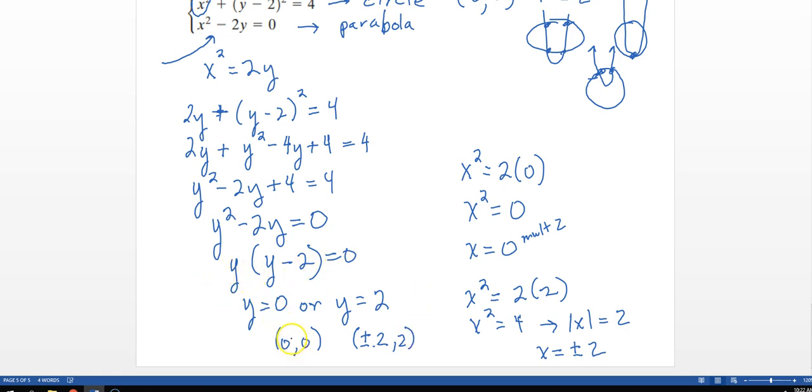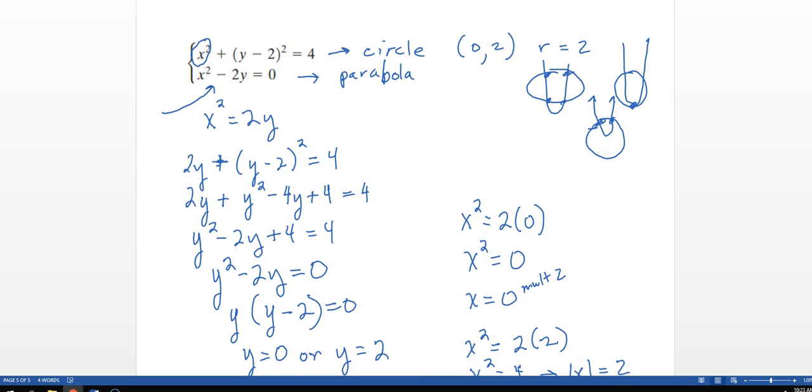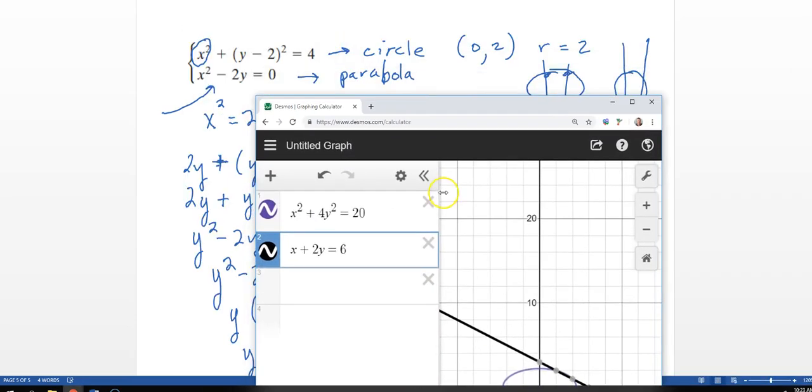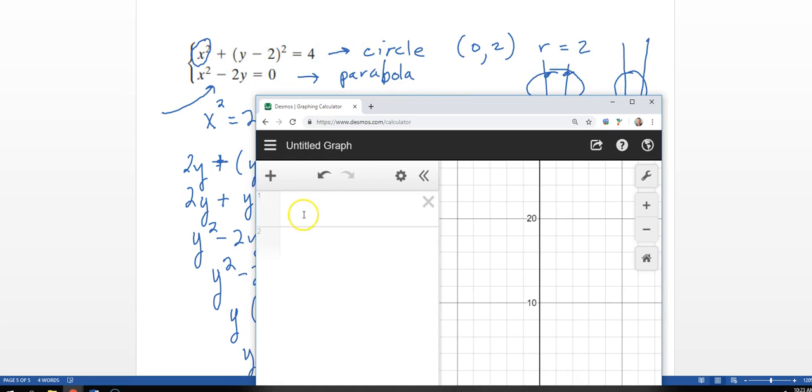So we have (0, 0), and (plus or minus 2, 2). So let's take a look at that, and we will be done.